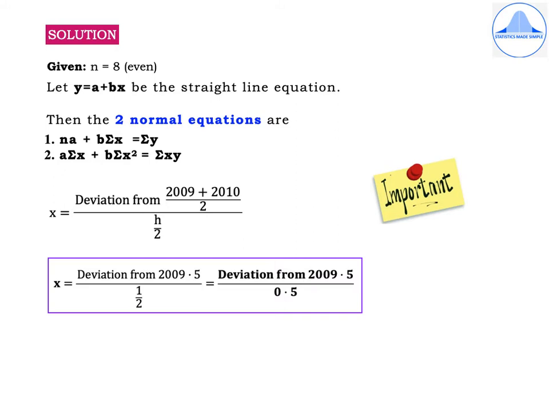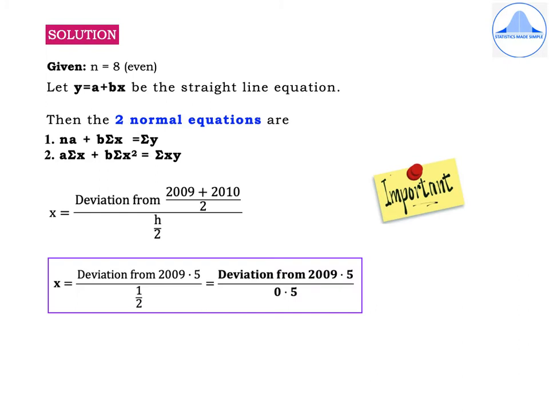That means 2009 plus 2010 divided by 2, whole divided by h by 2, which simplifies to x equal to deviation from 2009.5 divided by h, where h is the difference between the years in the first column in the table, that is 1, divided by 2. So the final expression for x is deviation from 2009.5 divided by 0.5.